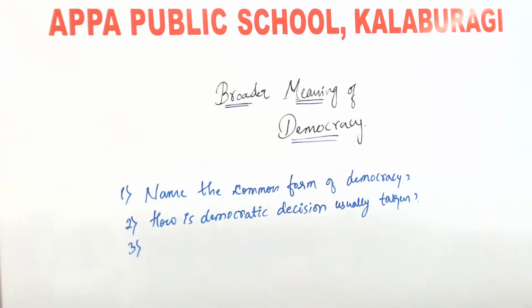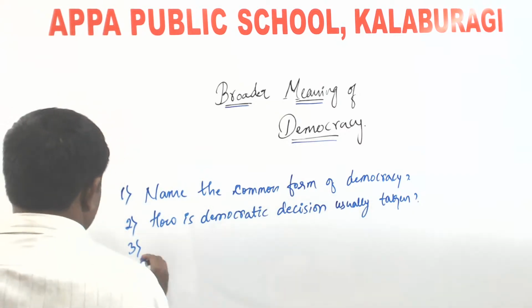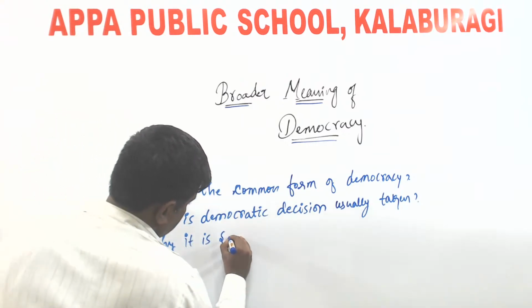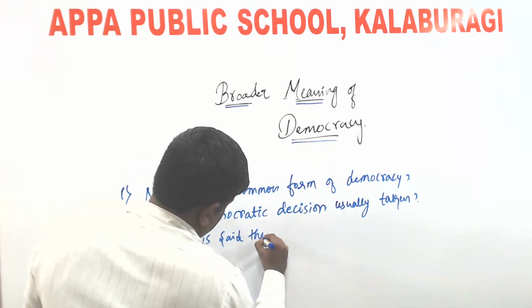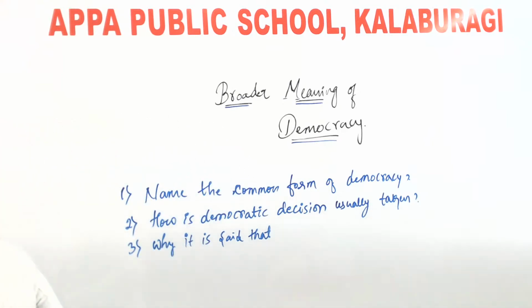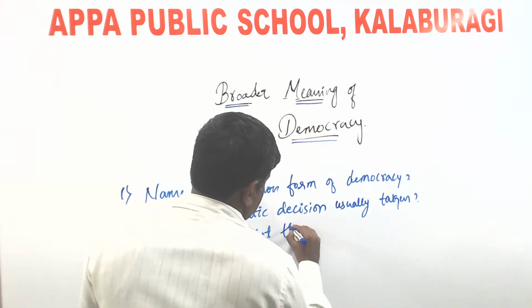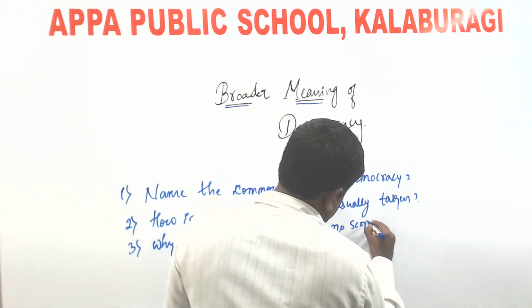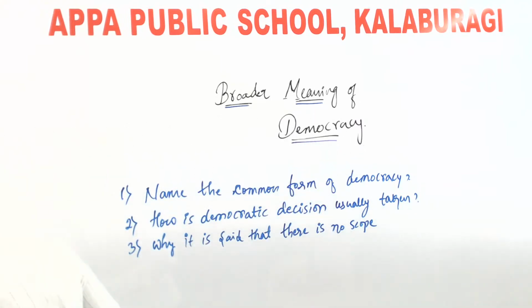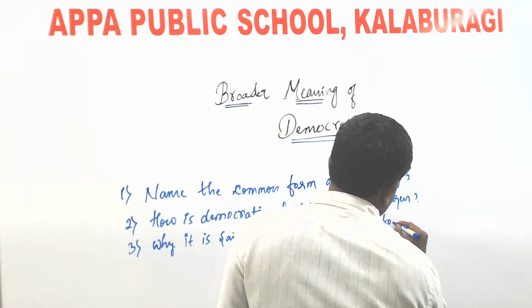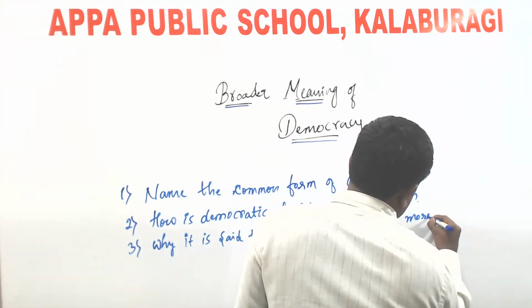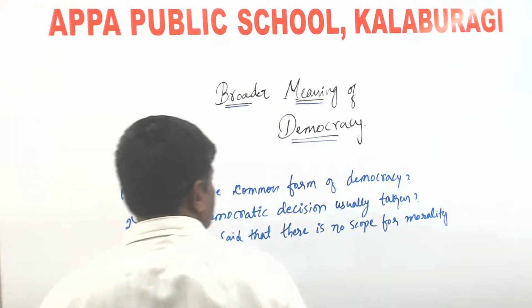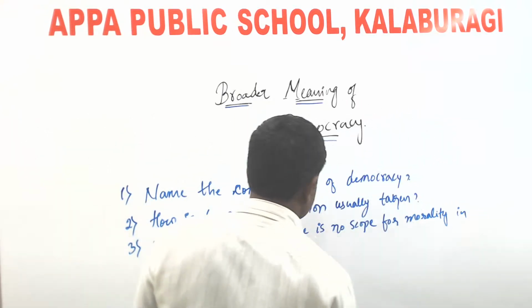Third question, why is it said that there is no scope for morality in democracy?